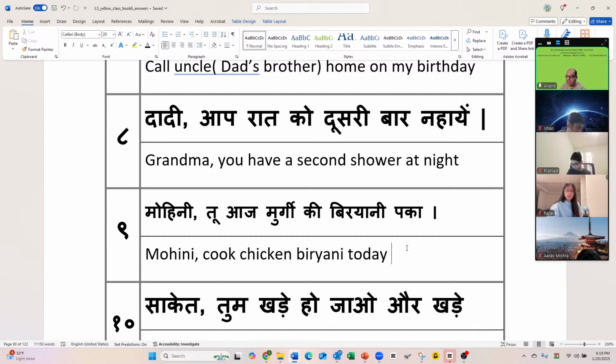Now Mohini is also an avatar of Vishnu. The god Vishnu became a woman once, and when he became a woman, his name was Mohini. Anybody knows in which story in Hindu mythology he became Mohini? Yes, Prahlad.